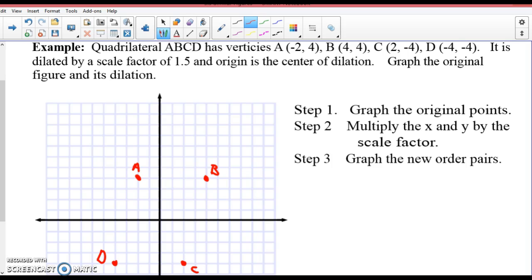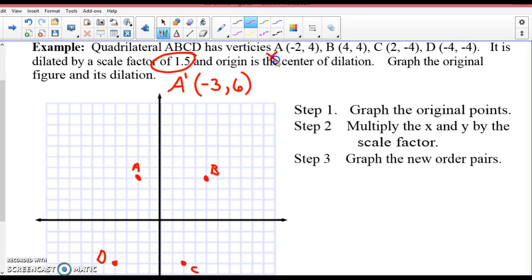To find the dilation, all you're going to do is take our scale factor and multiply every one of these by that scale factor. And watch what I'm going to do. The dilation of A, so I show A with one little hash mark. That shows the dilation. So I'm going to do negative 2 times 1.5 gives me negative 3. 4 times 1.5 is 6.